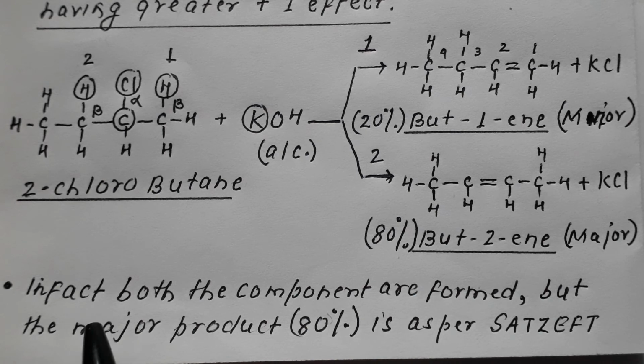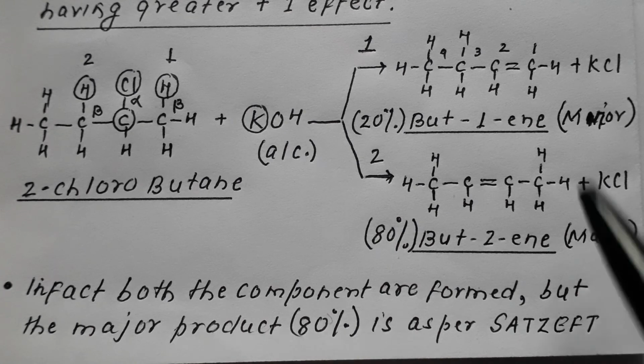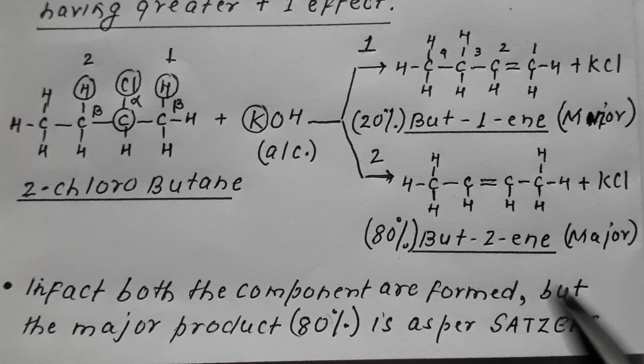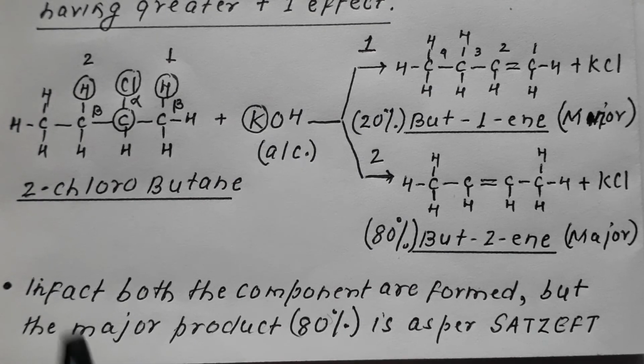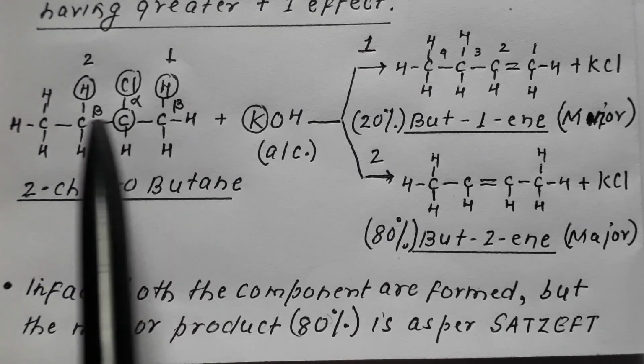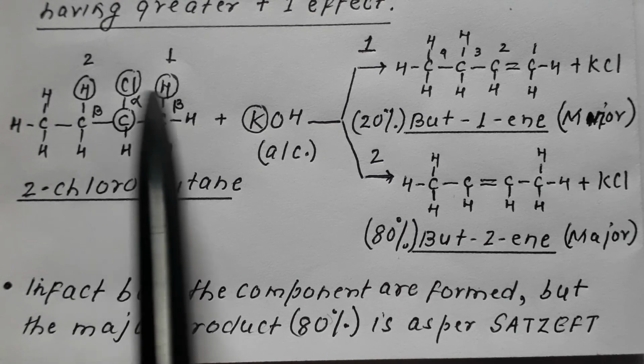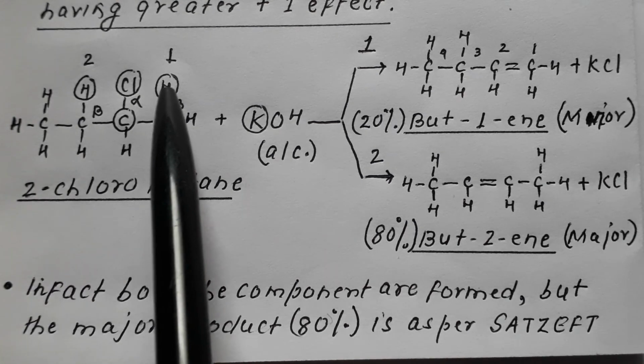So both compounds would be formed in this reaction, but the major product will follow the Saytzeff rule. So this is 2-chlorobutane. When made to react with alcoholic KOH, there are 2 beta hydrogens that can get replaced. If this goes, it would be but-1-ene.